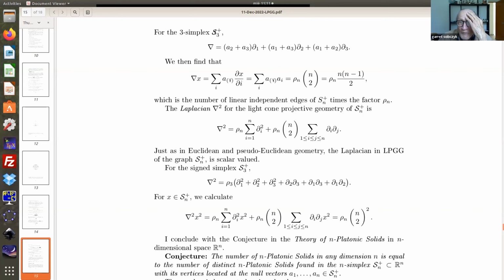Well, we're talking about a simplex S3. Is that the tetrahedron? No, S3 with 3 points is just a triangle.